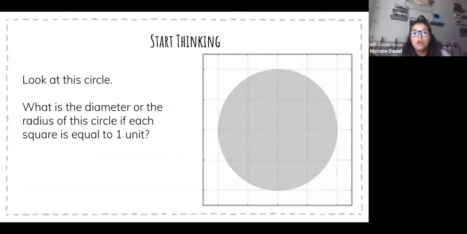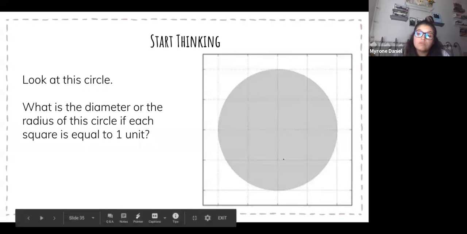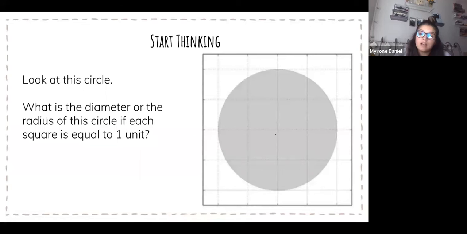Before we start, I want you to look at the circle and figure out what the diameter and the radius of the circle are if each square is equal to 1 unit. Looking at this, we know that the diameter goes completely through the circle using the center point, and the radius goes from the center point to the outside.